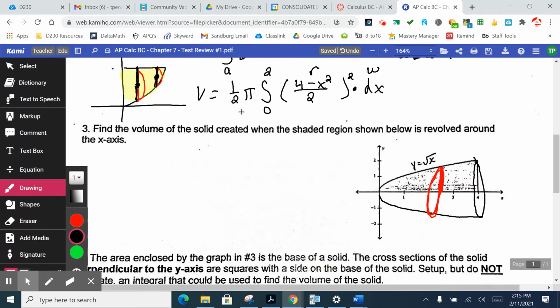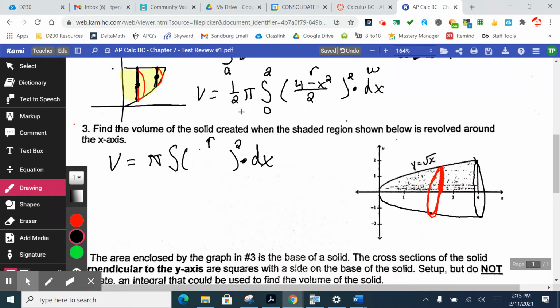All a disk is a circle. So that's why the disk method is pi r squared, and then they obviously have a width to them. Since it's vertical, is going to be our change in x. Since our limits, since we're in terms of x, our limits are really easy.